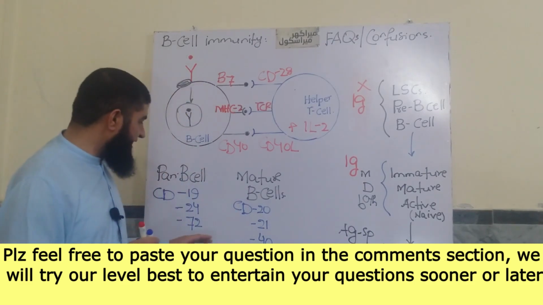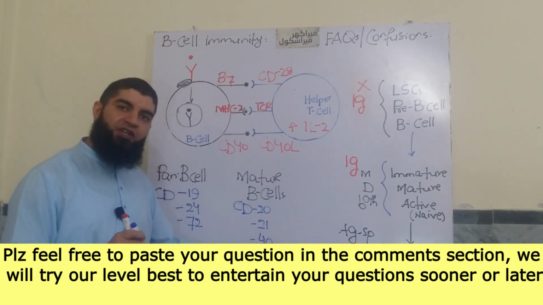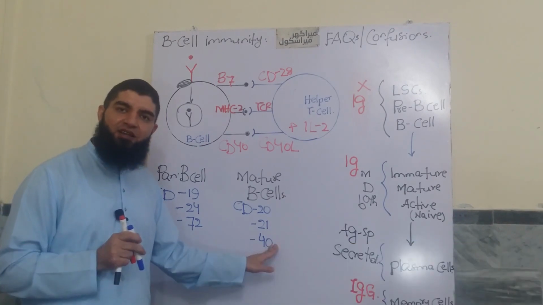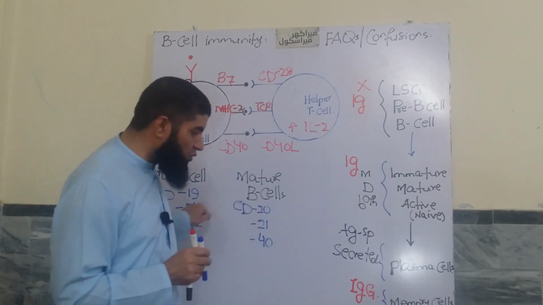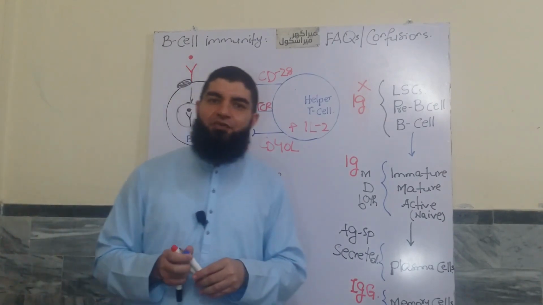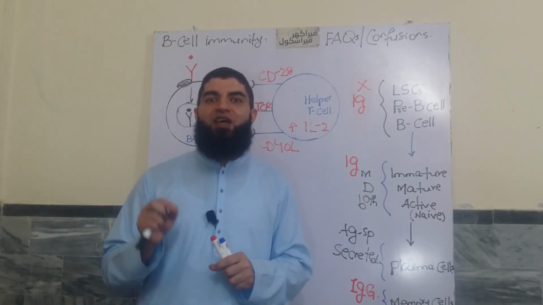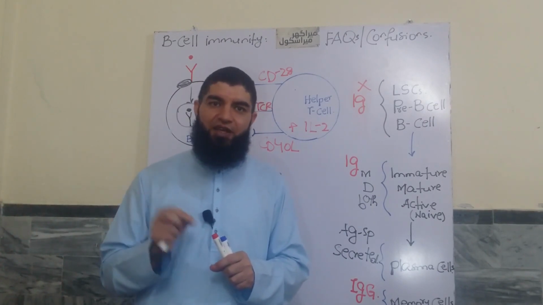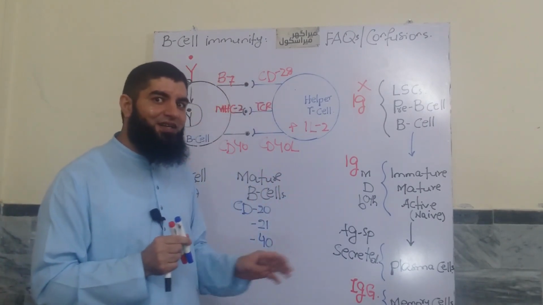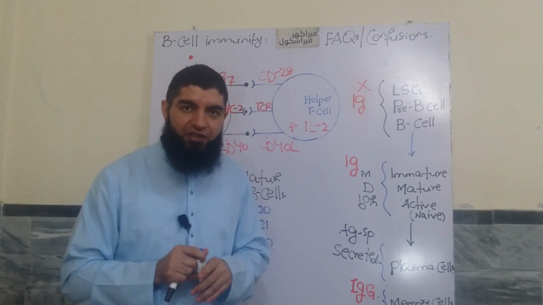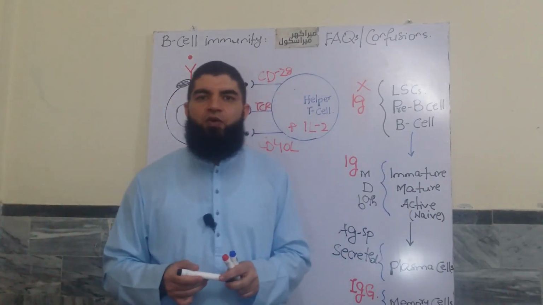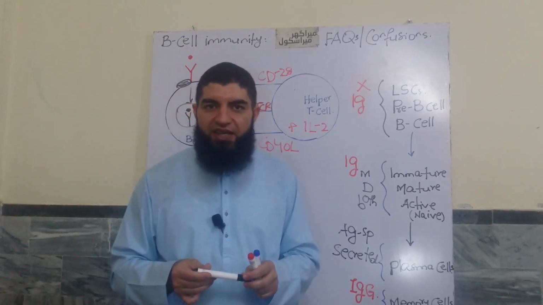And the same is the case with CD21 and CD40, which are expressed on some of the epithelial cells in the body. So mere expression of any one or more of these surface markers doesn't make a cell a B cell. It is possible for other cells to have these surface markers, and this is what we mean by significant overlap.